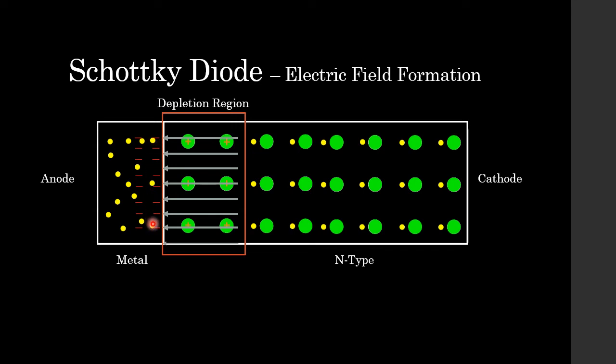And this negatively charged wall has an attraction to the opposite positive immobile ions, which sets up an electric field within this depletion region. What's also happening is this negative wall that we see here is what prevents any further electrons from moving over into the metal region.